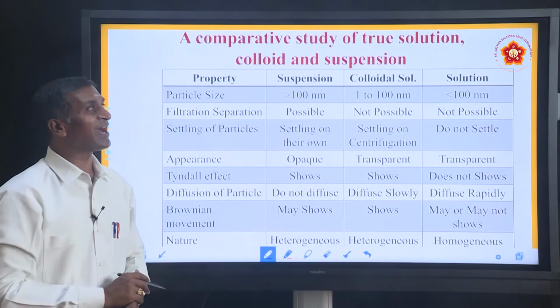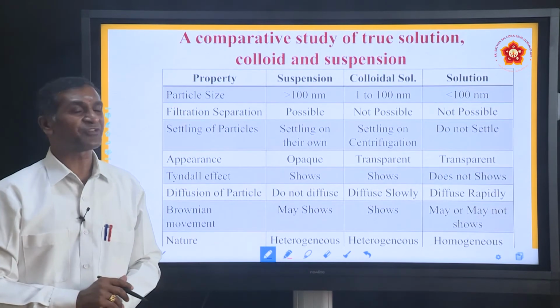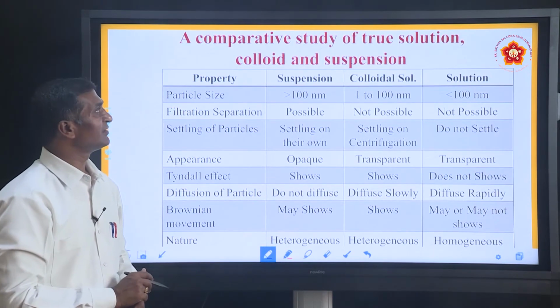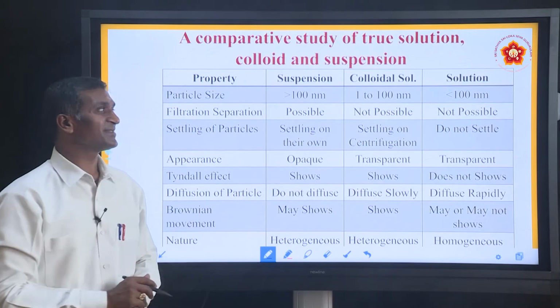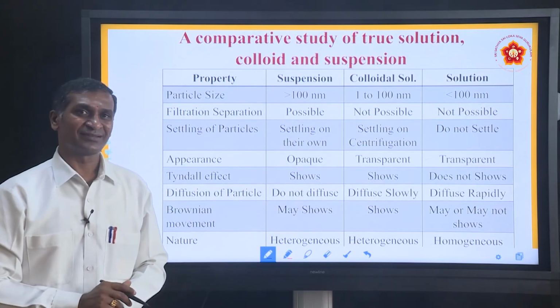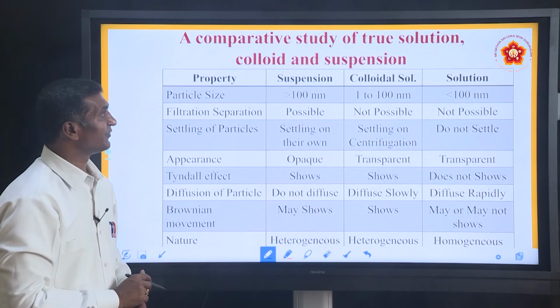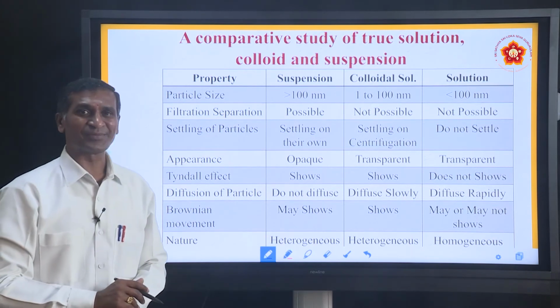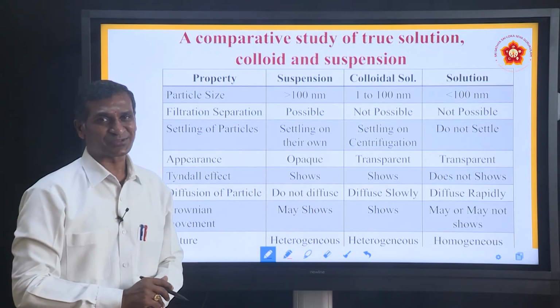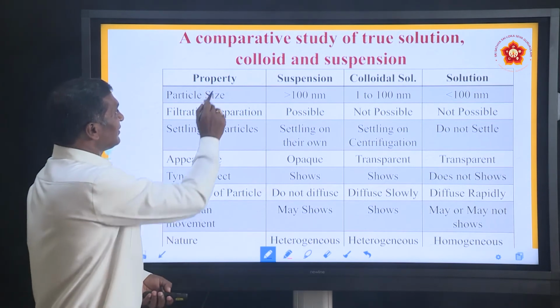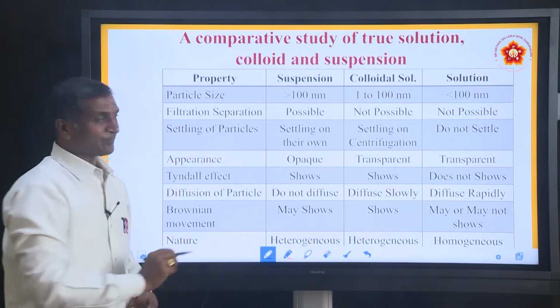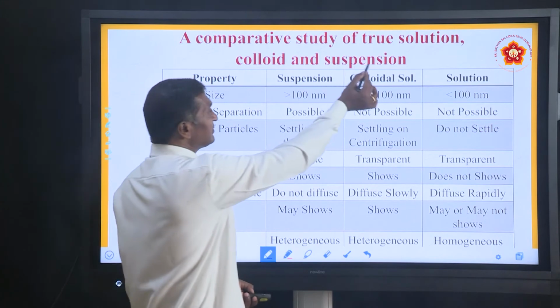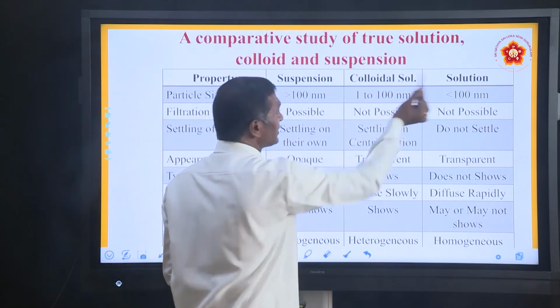A comparative study of a true solution, colloid and suspension. Dear students, this is very important from the exam point of view also. What is the property? Suspension, colloidal solution and solution.